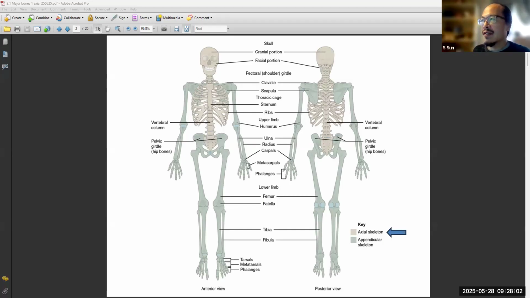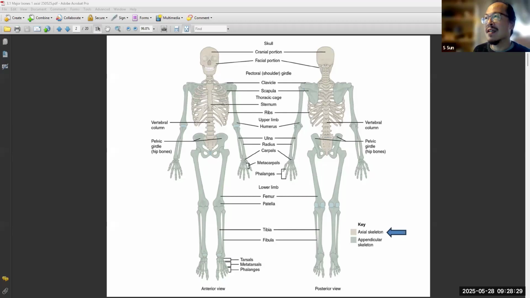This lighter color is the axial skeleton. This greener color is the appendicular skeleton. And so we will first look into the axial. This one is also the bones that directly attach to the structures that protect our central nervous system.